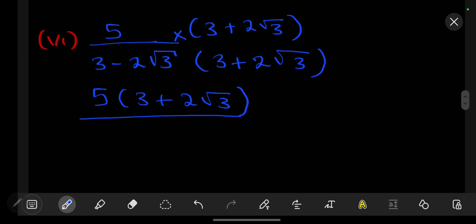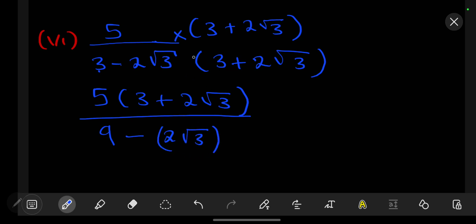Then we are going to have over then the first number with the first number. So we have 3 times 3, which will give us 9. Then we have our negative 2 times a 2 there. Let's just take one base like how we have been doing it, which is the whole number.